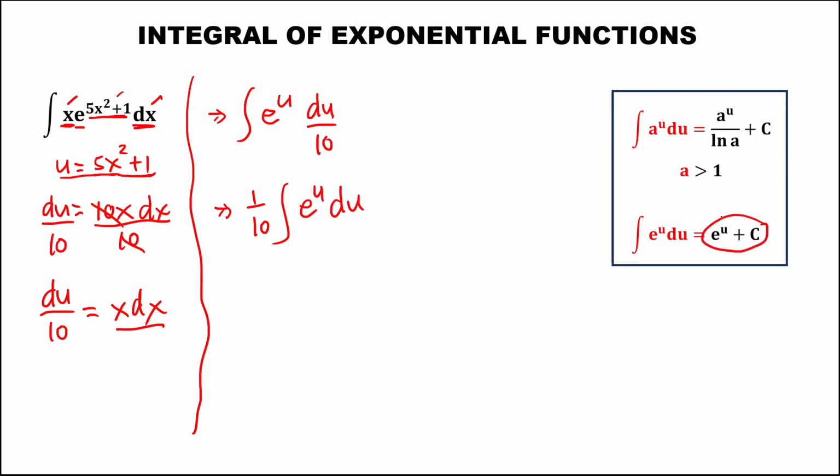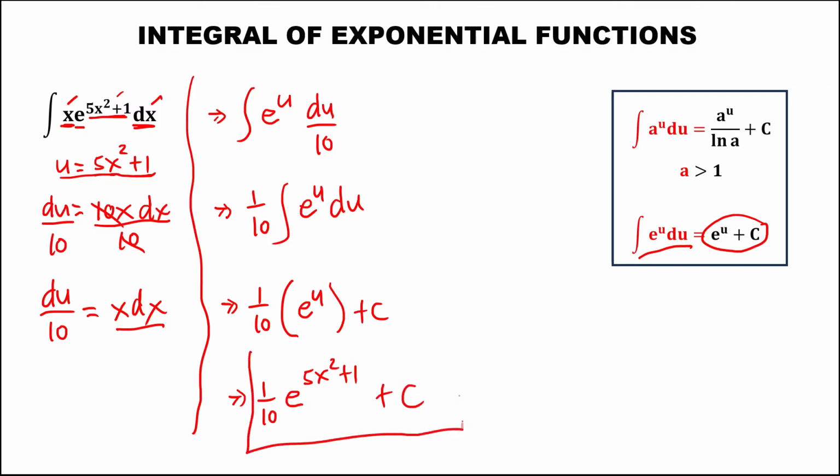So using this formula, since the integral of e to the power u du is equal to e to the power u plus c, then substitute the value of u. So this is 1 over 10 times e to the power u, and u is 5x squared plus 1, then plus c.